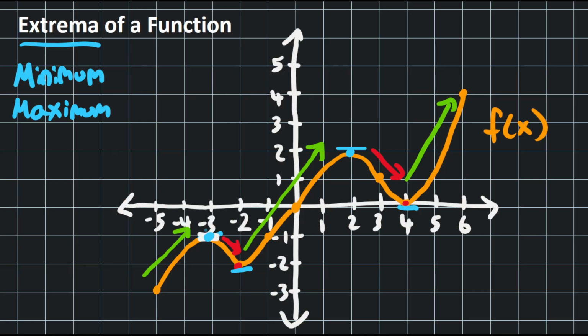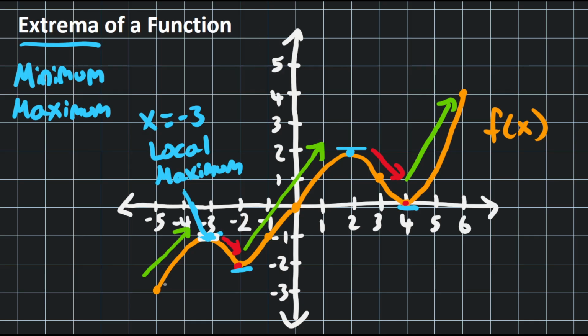Where it changes from increasing to decreasing, this is called a local maximum. So this function f of x has a local maximum at x equals -3, where it changes from increasing to decreasing.